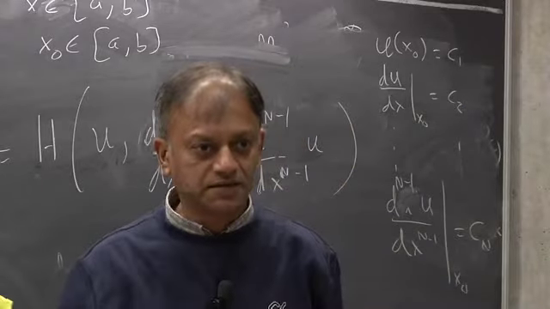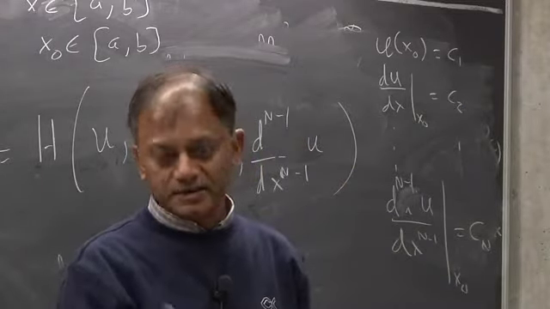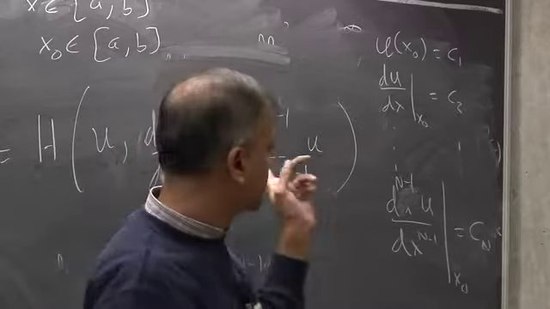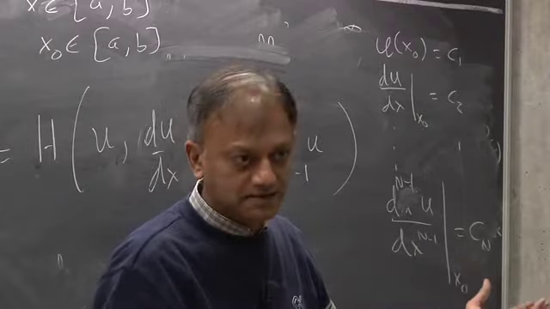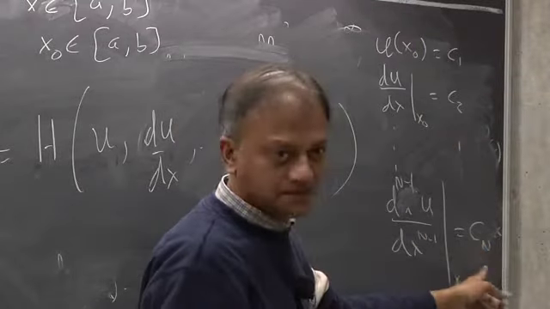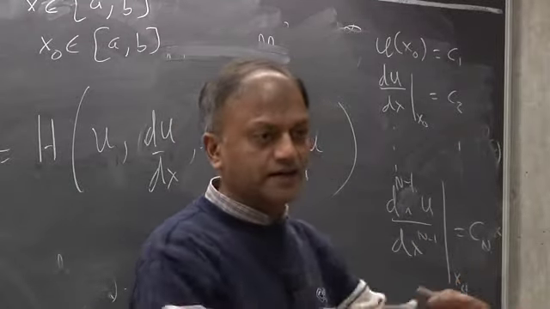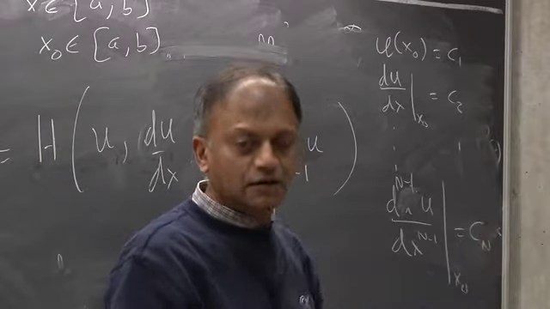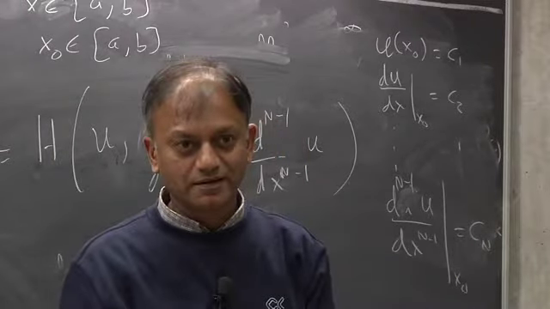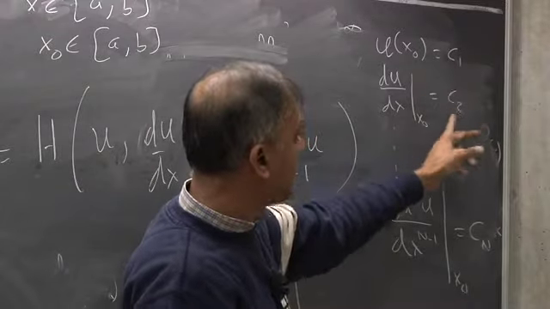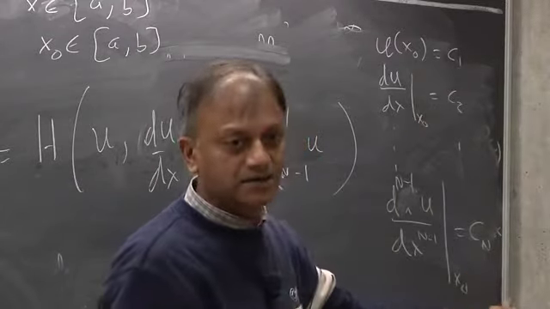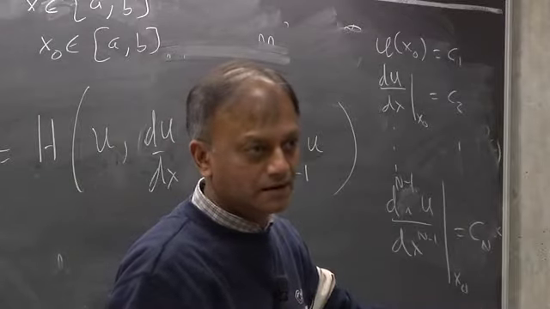What this Lipschitz theorem is saying is that if this function h satisfies the Lipschitz condition, then a unique solution exists, which will of course depend on these numbers. Now, if you change these numbers, you'll get another solution, right? In fact, the number of solutions is parameterized by these n numbers.